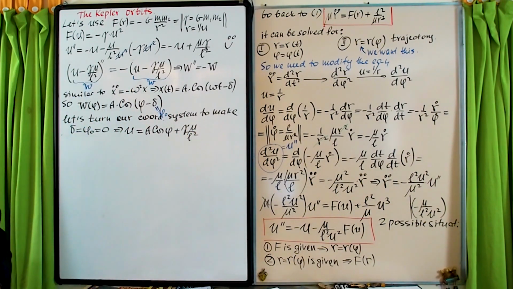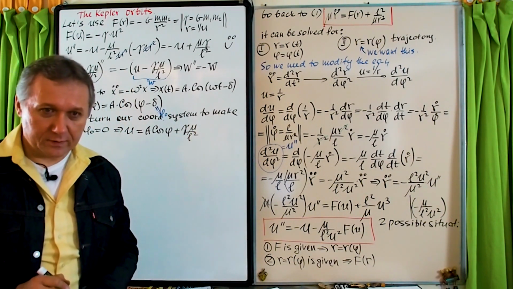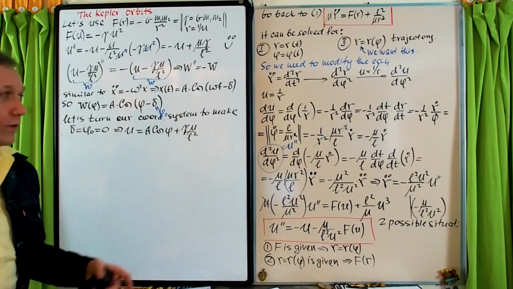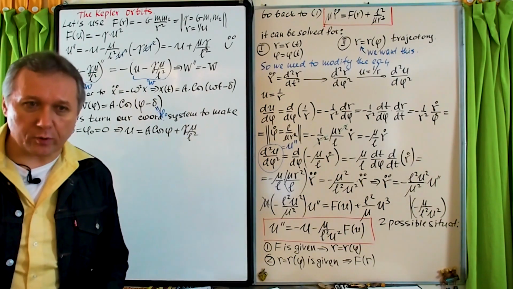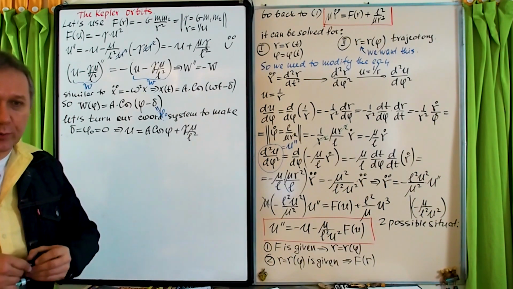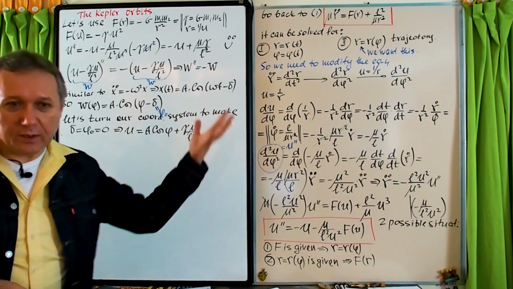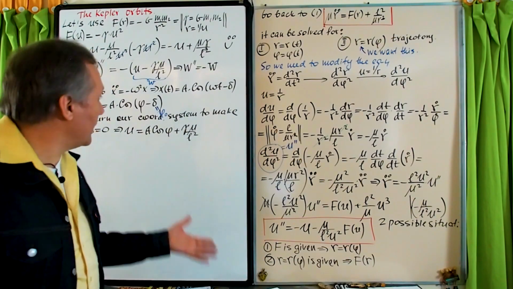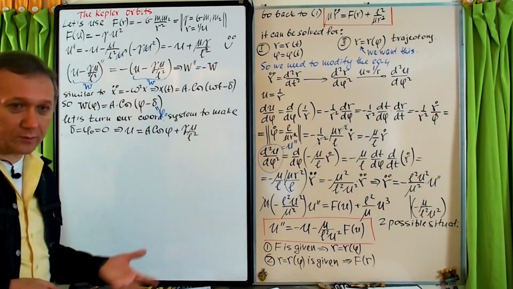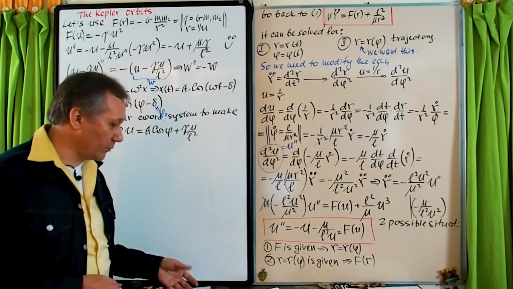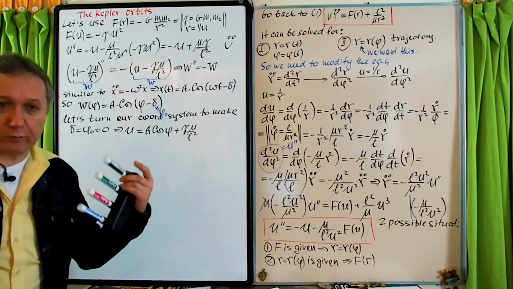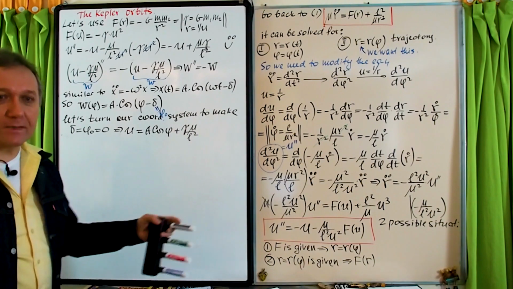So now that's the solution for u. And again, u, you remember, is 1 over r. Now, once we solve the differential equation, we can go back to r, because who wants to analyze a problem when your variable u is a reciprocal of r? Of course, it's much easier, much more convenient to work with r at this point. Once you solve the differential equation, the role of u is done.